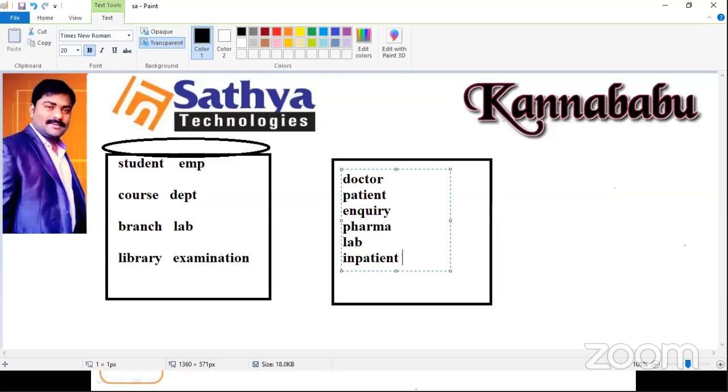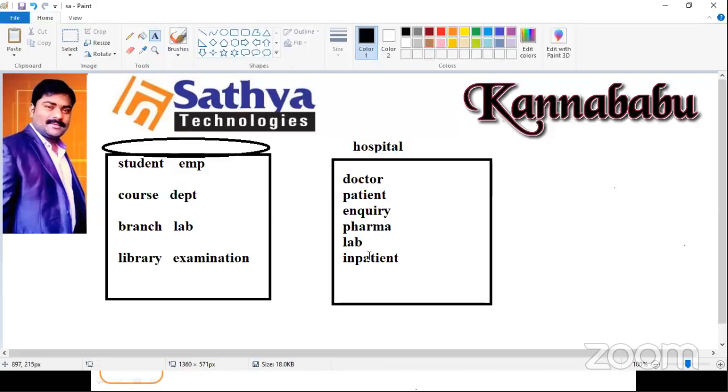A lot of information belongs to that particular hospital. So you can keep that data in one database, some hospital database. So you can simply say a database is a collection of information. The data belonging to a particular organization you can call information, and that data you can keep in one database.